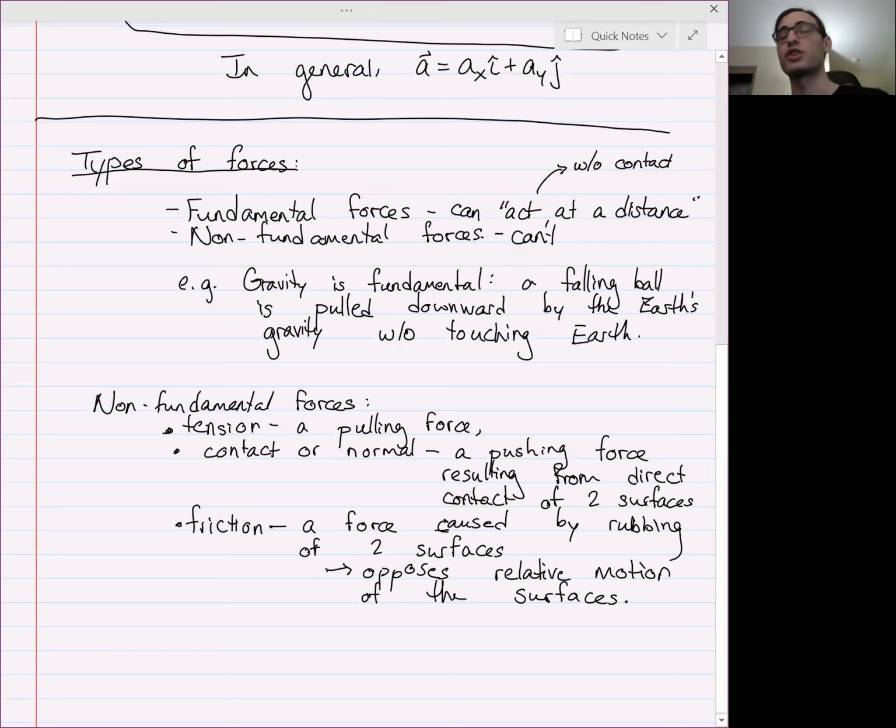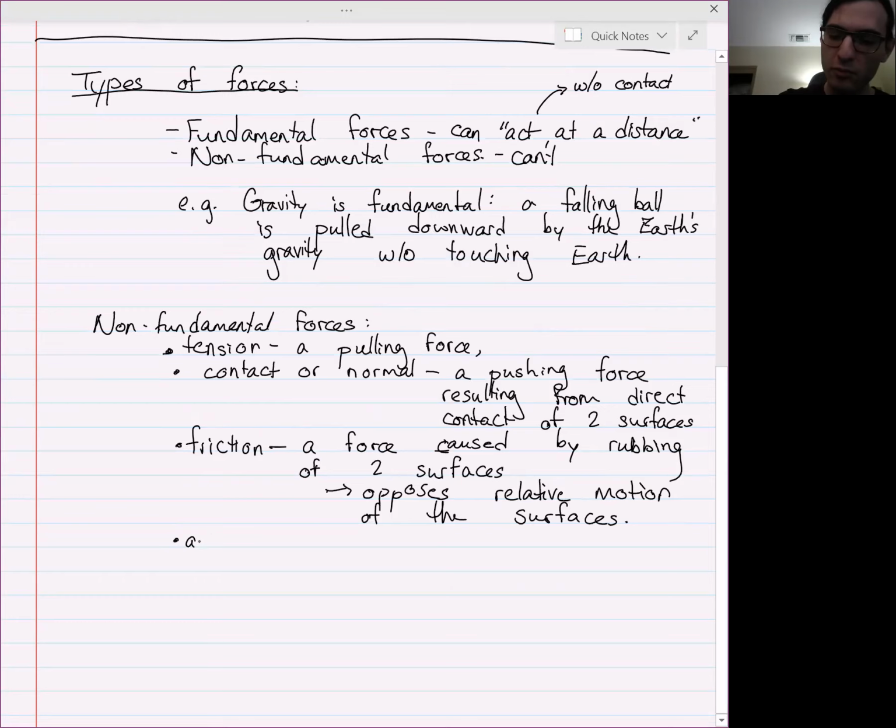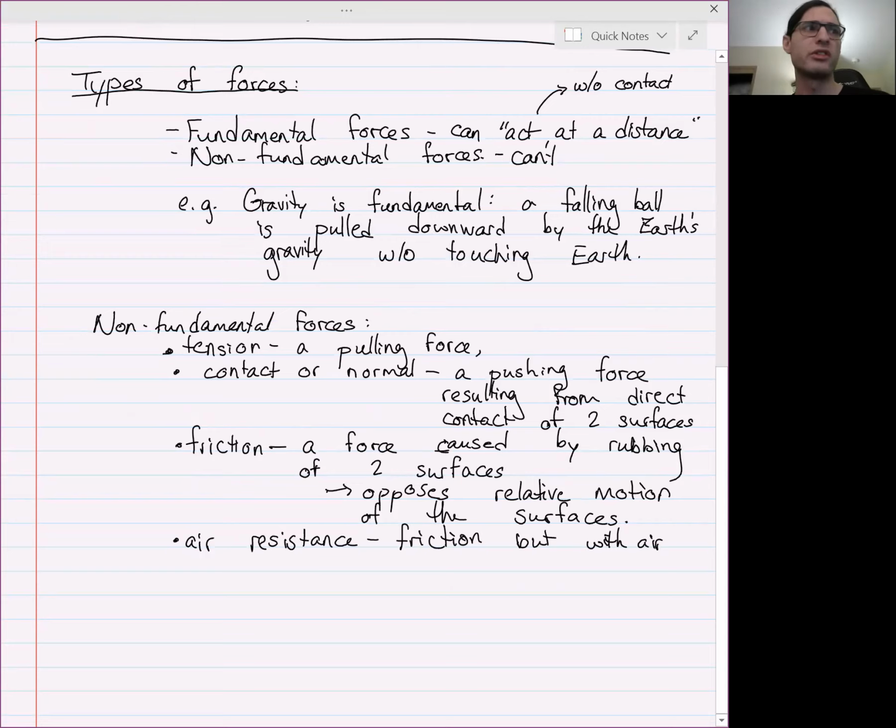Or in the case of static friction, it opposes attempted relative motion. So again, if I have two surfaces, if this top one is moving this way, friction will act to push it the other direction. There's also air resistance. Air resistance is just friction with air. And then there's a whole lot more. We're not going to see all of them, but we'll see some more.